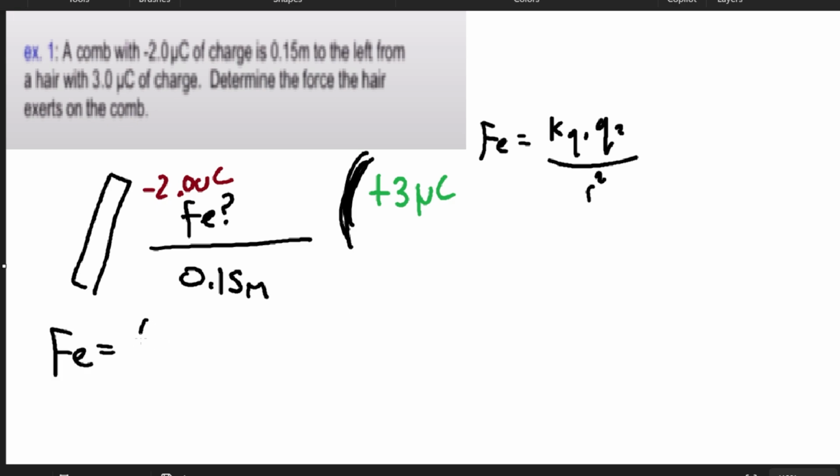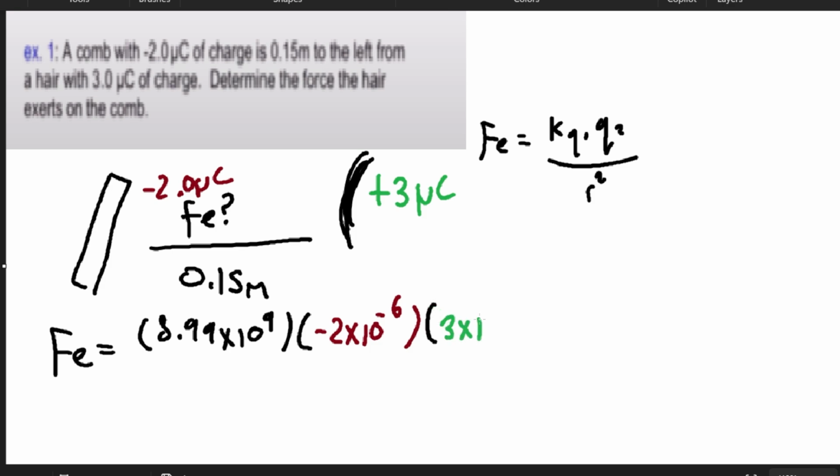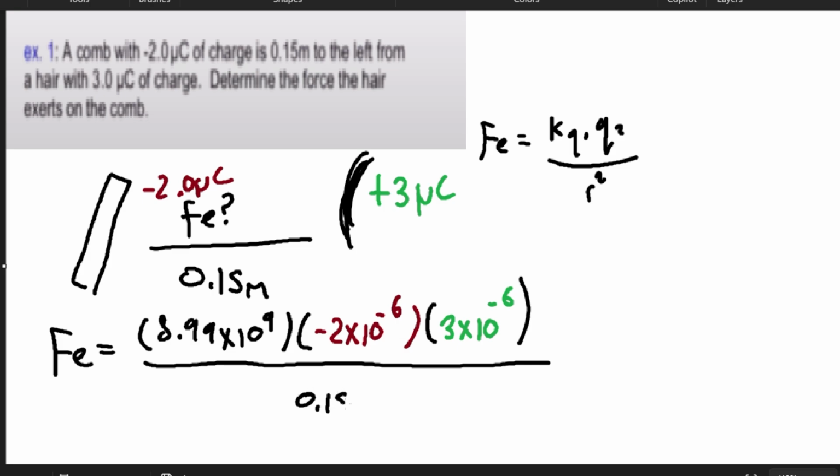So first the constant K, 8.99 times 10 to the power of 9. And now for object 1's charge, and if you notice, it's actually in microcoulombs, so we're just going to convert this to coulombs. Negative 2 times 10 to the power of negative 6, and then object 2, which is 3 times 10 to the power of negative 6 coulombs, and then divide all of this by the radius squared.